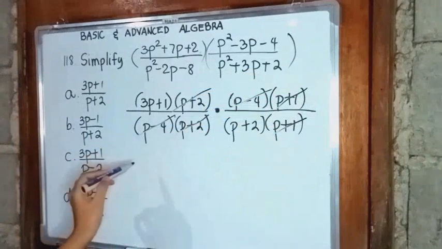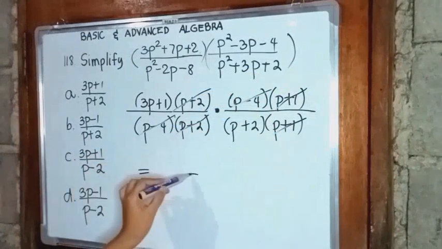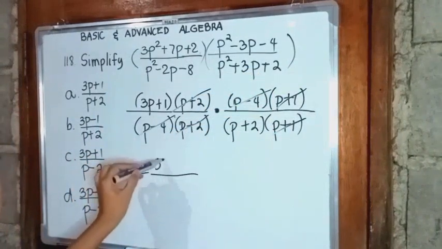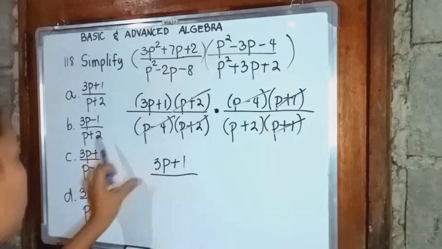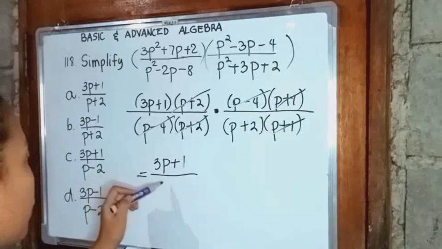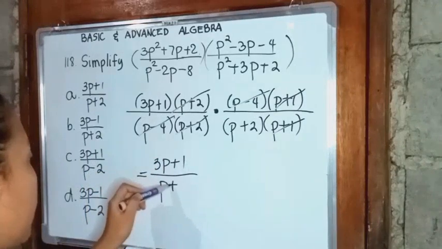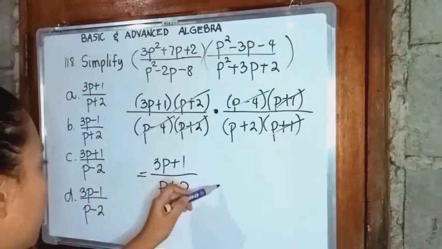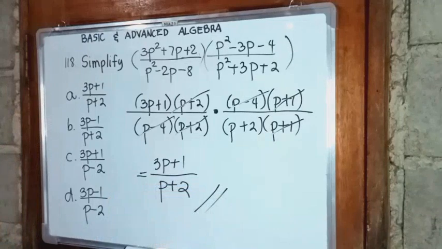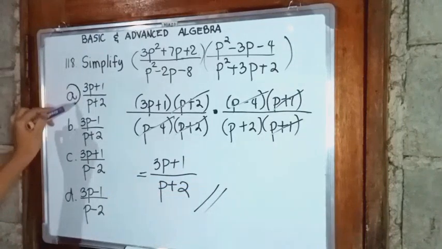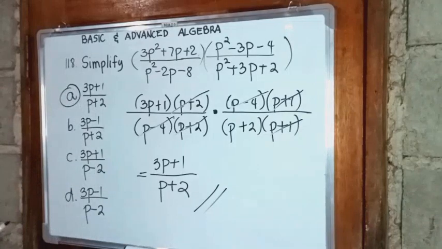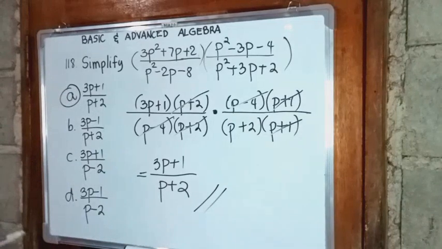And the remaining is 3p plus 1 over p plus 2. This is the final answer. In the choices, that is letter A. The correct answer for item number 118 is letter A.